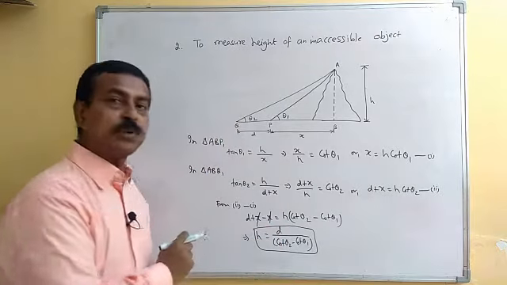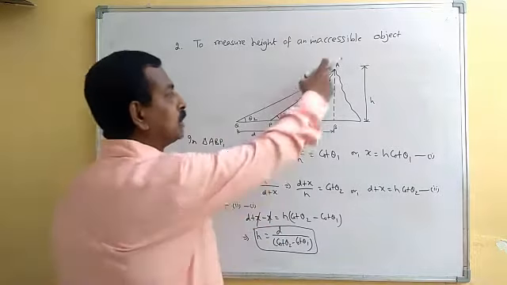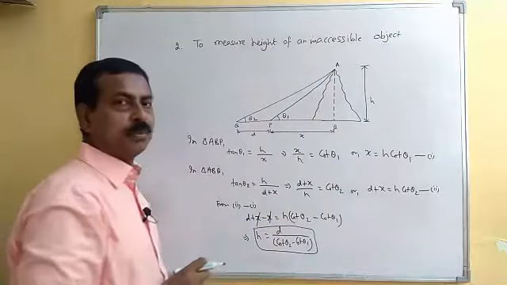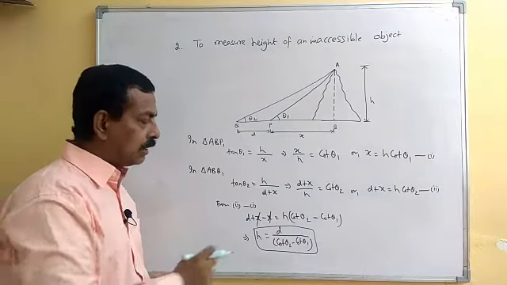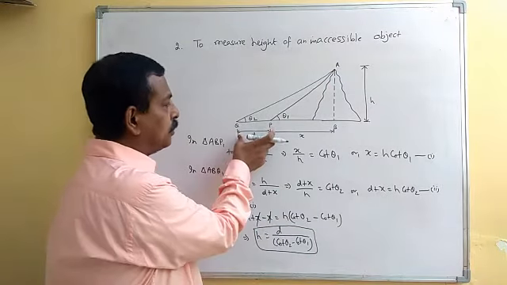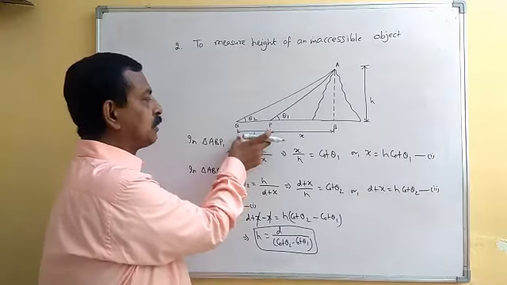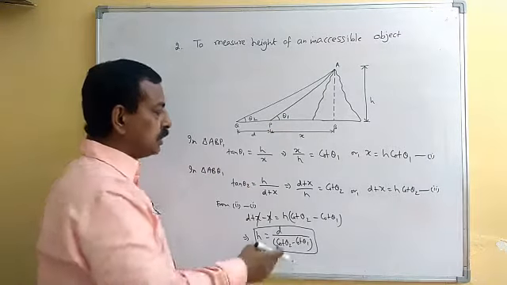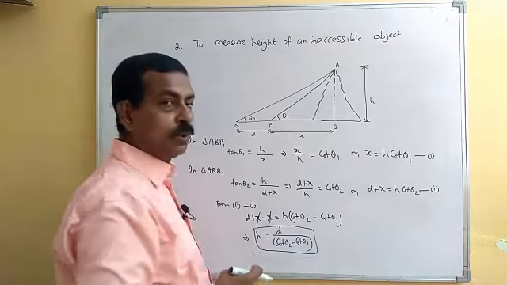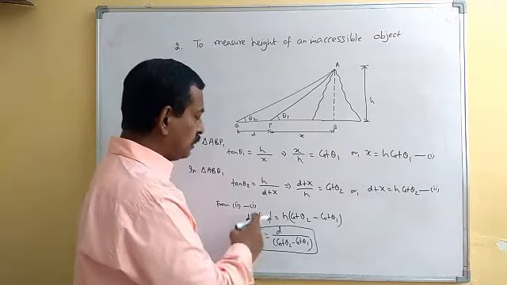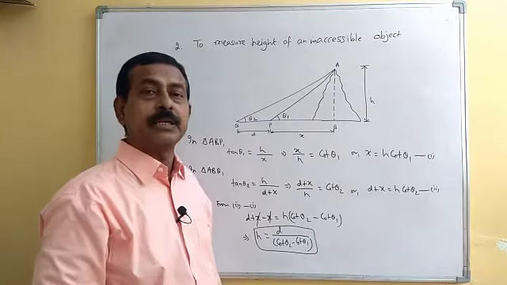So using this formula, we can find out the height of an inaccessible object. So d we have already taken, that is the separation between the point P and Q. Cot θ1, cot θ2 we can find out, and then from the formula we can get height h.